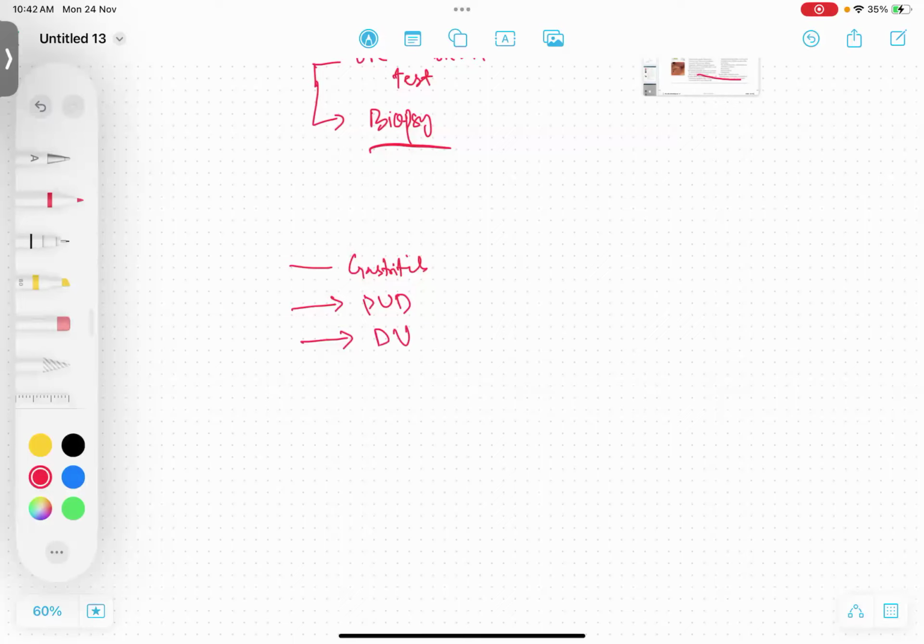What else? MALT, I think also. Yes, it causes MALToma. GERD could be another clinical manifestation. It's also associated with gastric adenocarcinoma as well. So these are the different clinical manifestations.